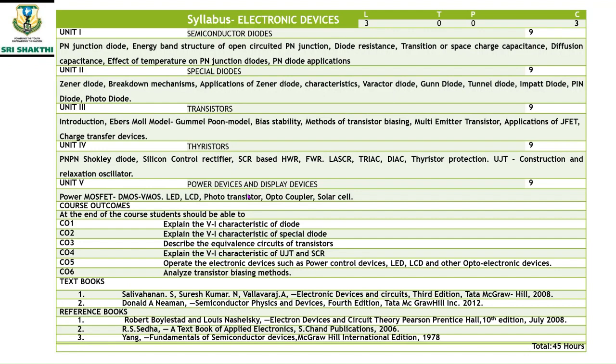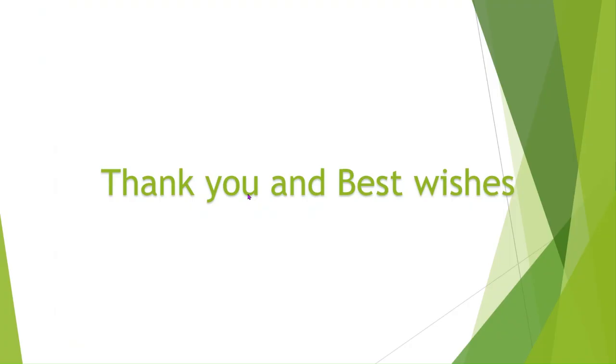Followed by Boylestad. Boylestad is a very good book which even I have been reading when I was a student. Then textbook of Applied Electronics by Sedha. Fundamentals of Semiconductor Devices, McGraw-Hill. The author is Yang.